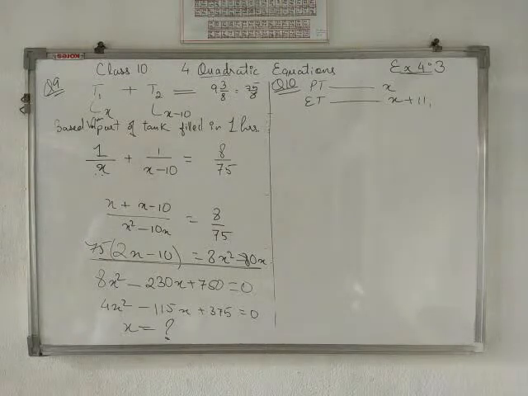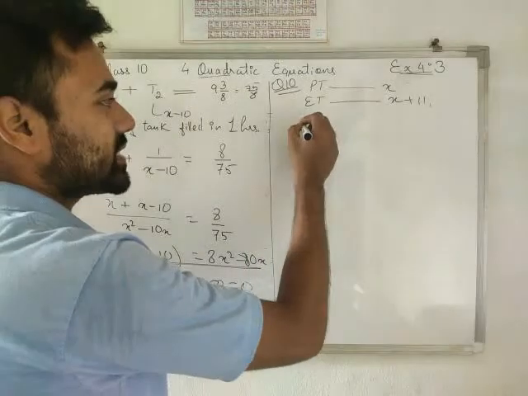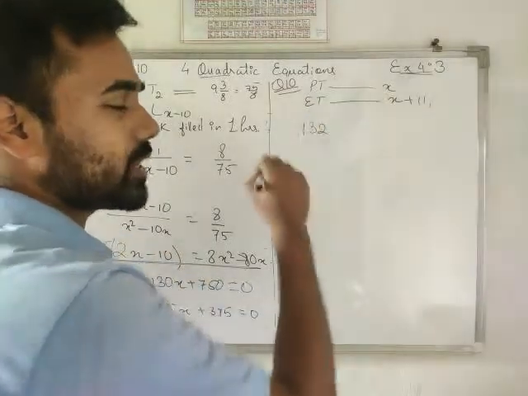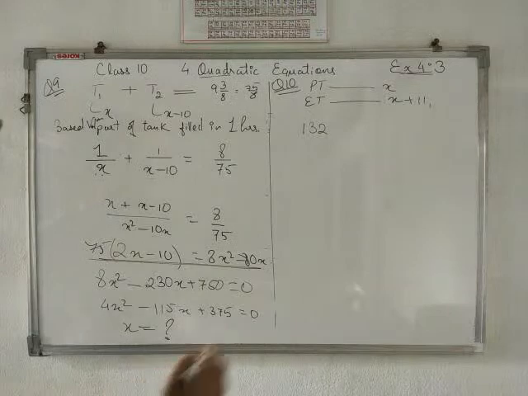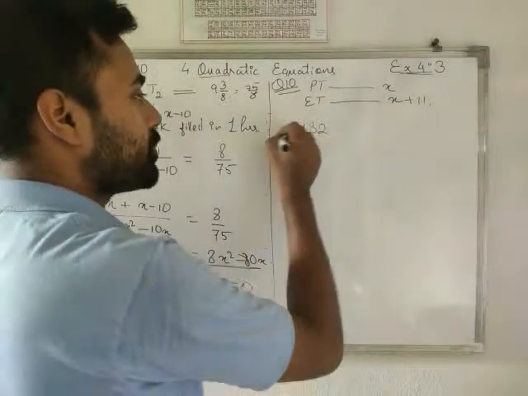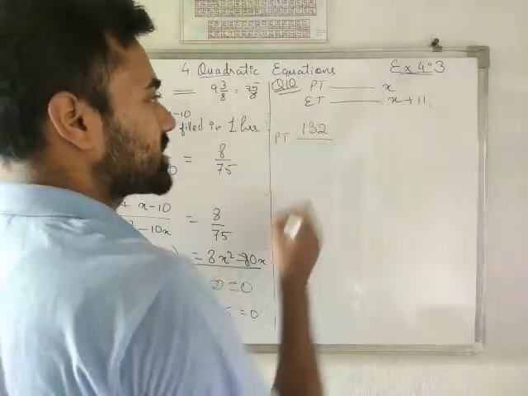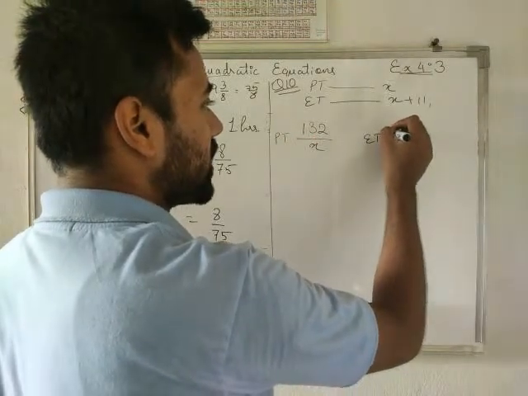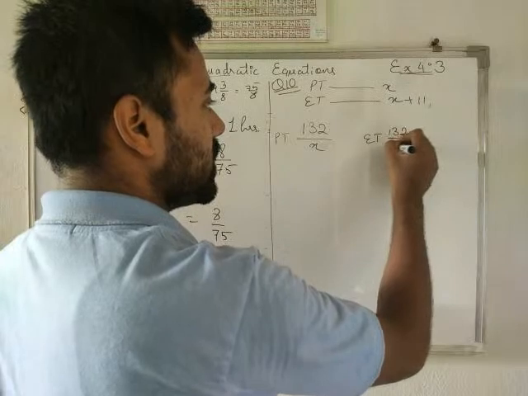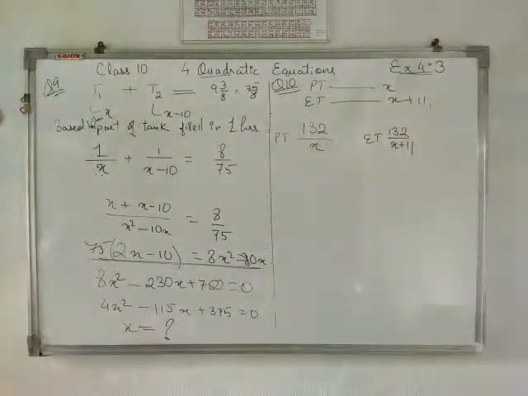Speed equal to distance by time निकाल के, distance is 132. Distance is again same because distance is constant. Both the trains are traveling the same distance. So अगर पैसेंजर ट्रेन को 132 by x टाइम लग रहा है, तो एक्सप्रेस ट्रेन को लगेगा 132 by x plus 11 time. Yes or no?